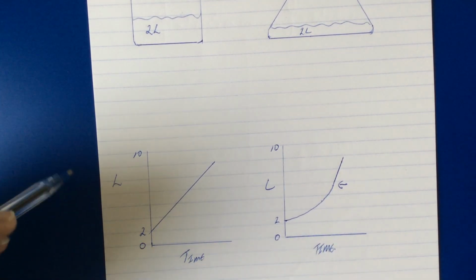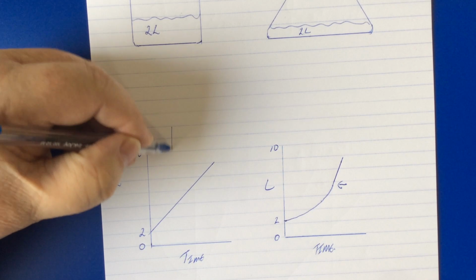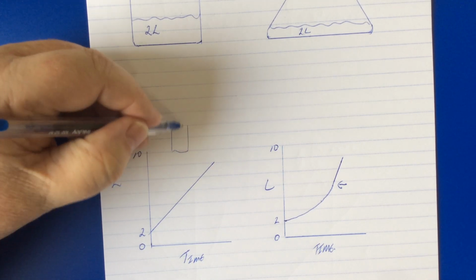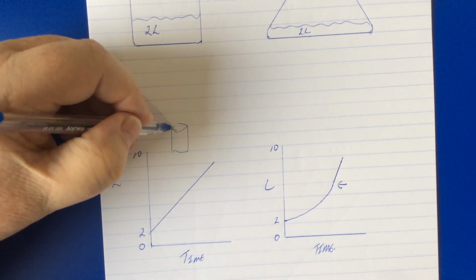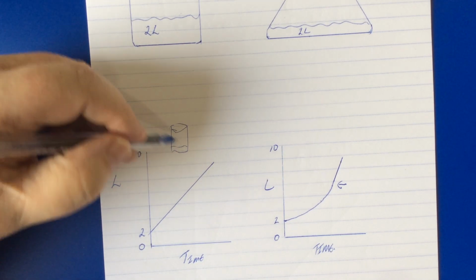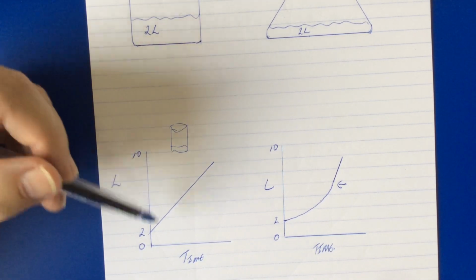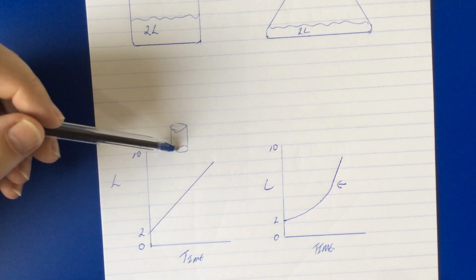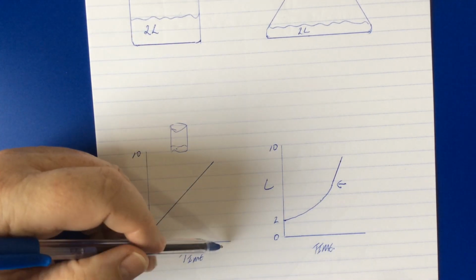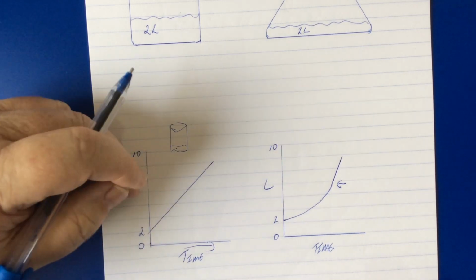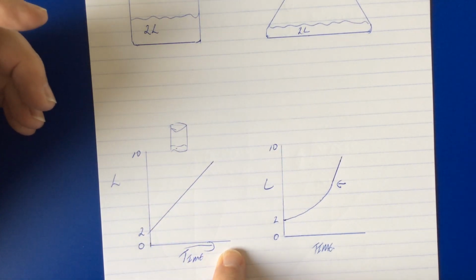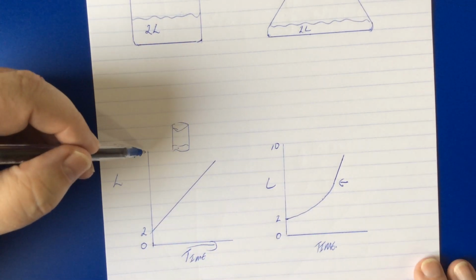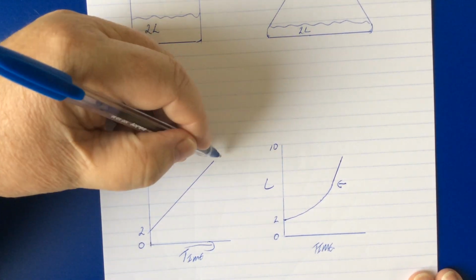Okay, right. So this is the graph of our beaker with a little bit of fluid in the bottom, 2 litres of fluid in the bottom. And what you can see is that at time 0, there's 2 litres in the bottom of this. And at some later time moving across the x-axis, there will be 10 litres in this.